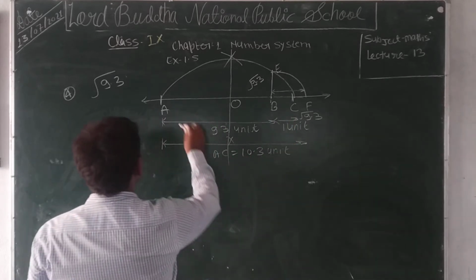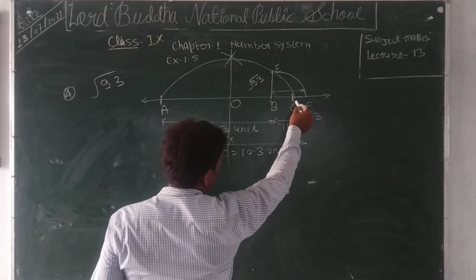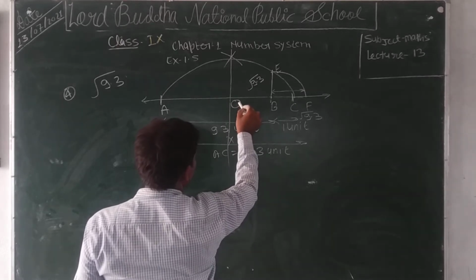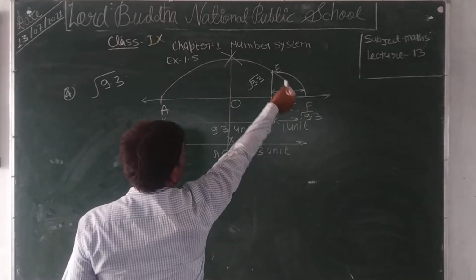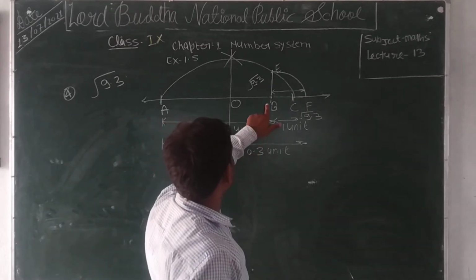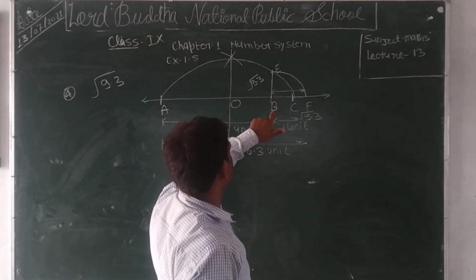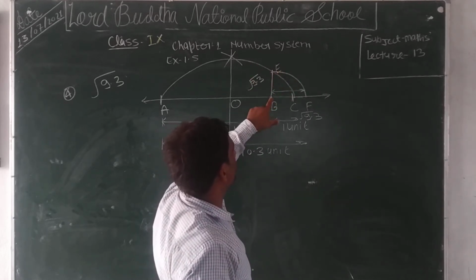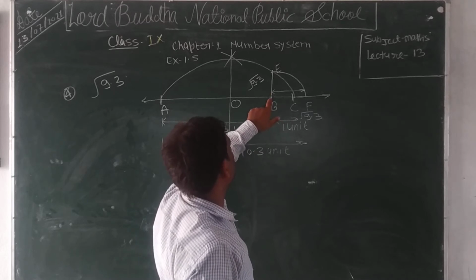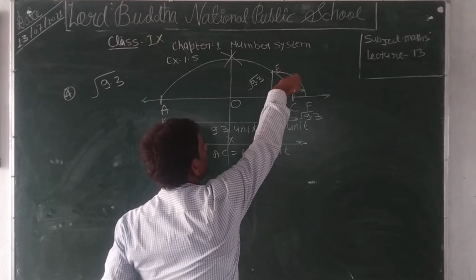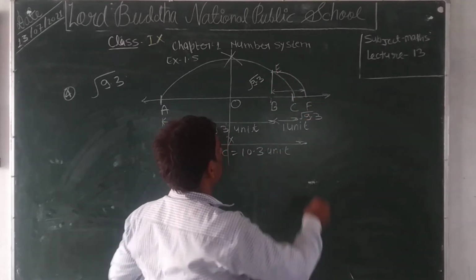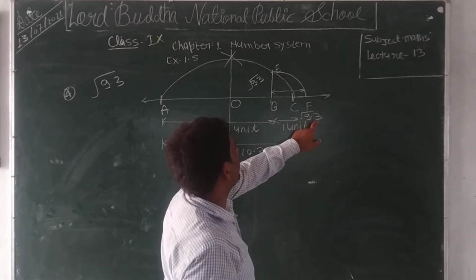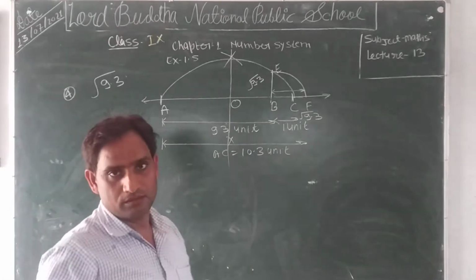After that you draw the perpendicular bisector of AC which bisects AC at point O. You take O as center and OA as radius and draw a semicircle. After that you draw a perpendicular at B which intersects the semicircle at E. After that you take B as origin and draw an arc of length BE with the help of a compass which intersects the line at point F. BF will represent root 9.3 on the number line. Clear? Okay.